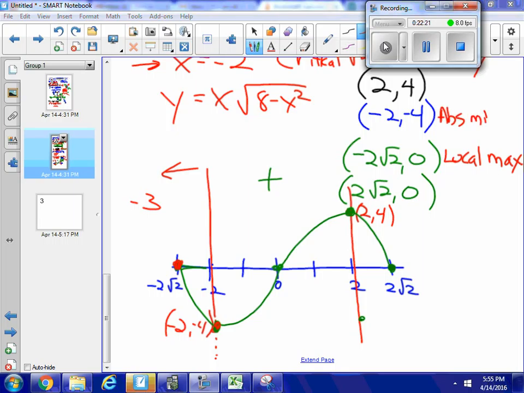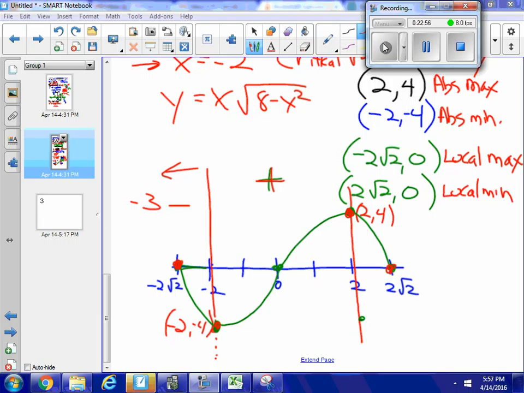There is no point on this graph that gets any lower. And my slope has changed from negative to positive, which means I have a minimum, and it happens to be an absolute minimum. At this point right here, 2, 4, it looks to me like I have an absolute maximum. There is no point on this graph that's any higher than that. And at this point right here, it looks to me like I have a local minimum.